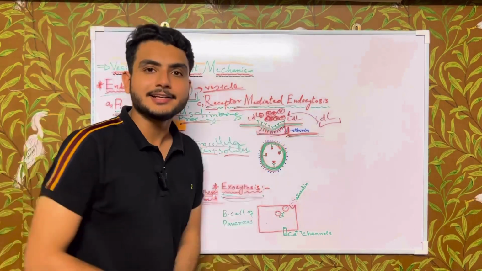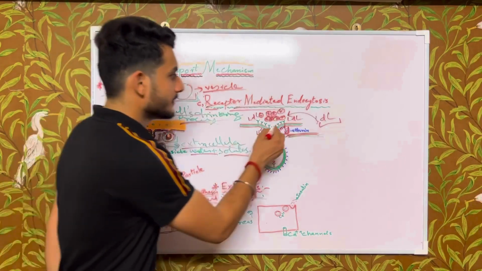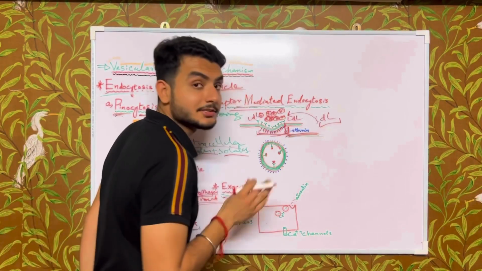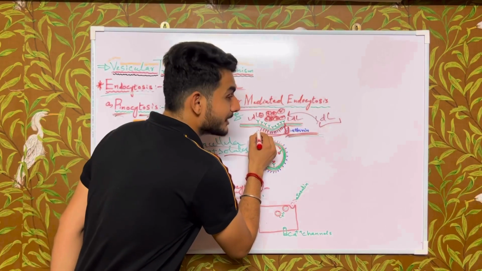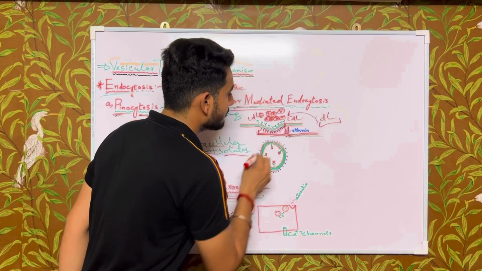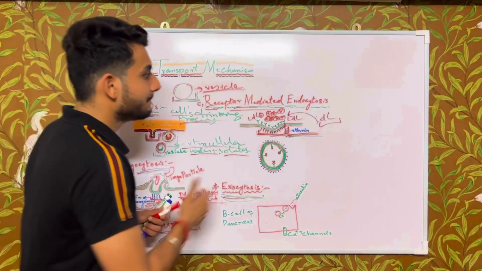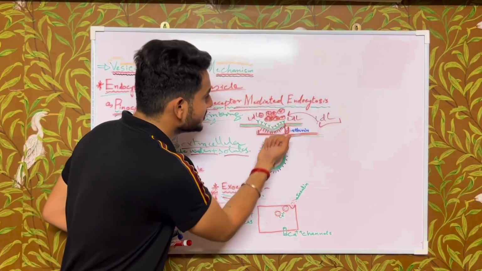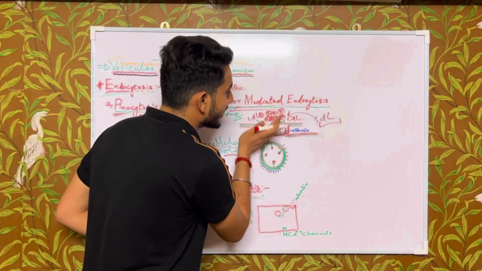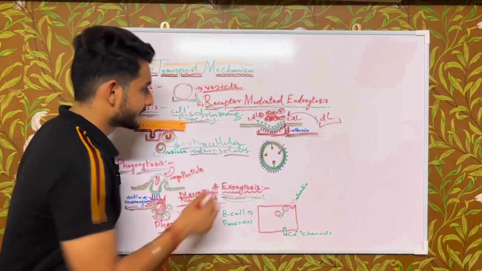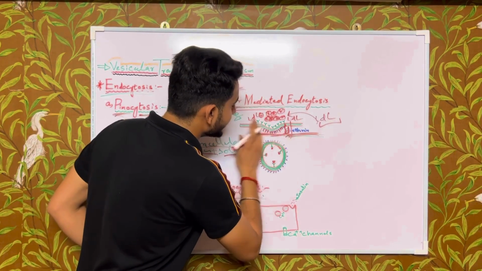As soon as these LDL receptors bind with LDL molecules, they send the signal inward, and due to the signals, these special proteins bind with the inner part of the membrane and cause pinching of this part of the membrane, due to which pits are formed. These pits are known as clathrin coated pits.